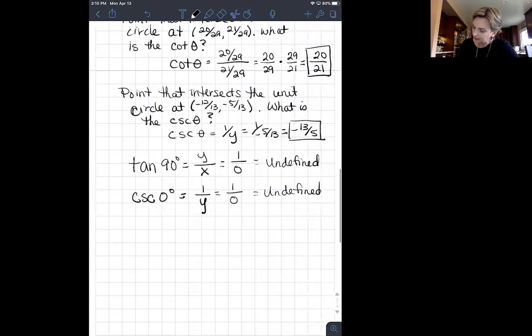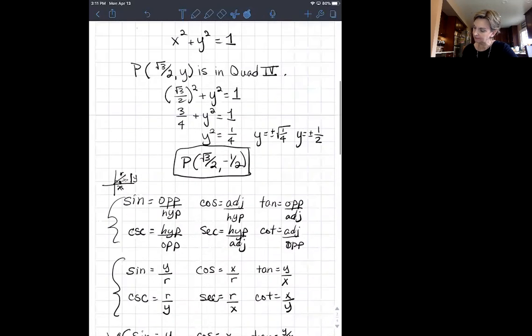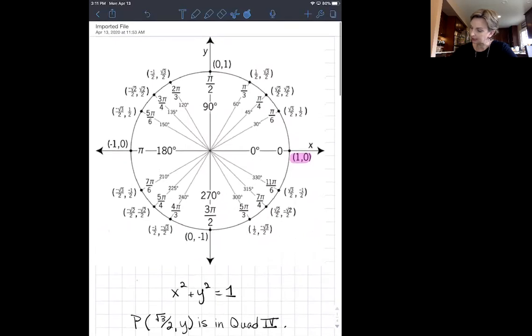Okay, let's say we want to find all 6 trig functions for pi/3. Just pick a value here. I'm going to come up here to my unit circle, and I'm interested in pi/3 this time.